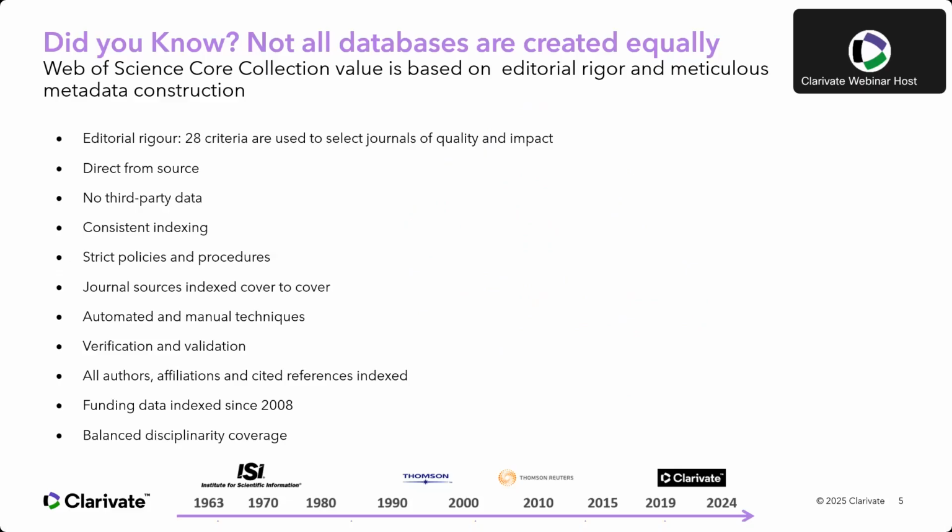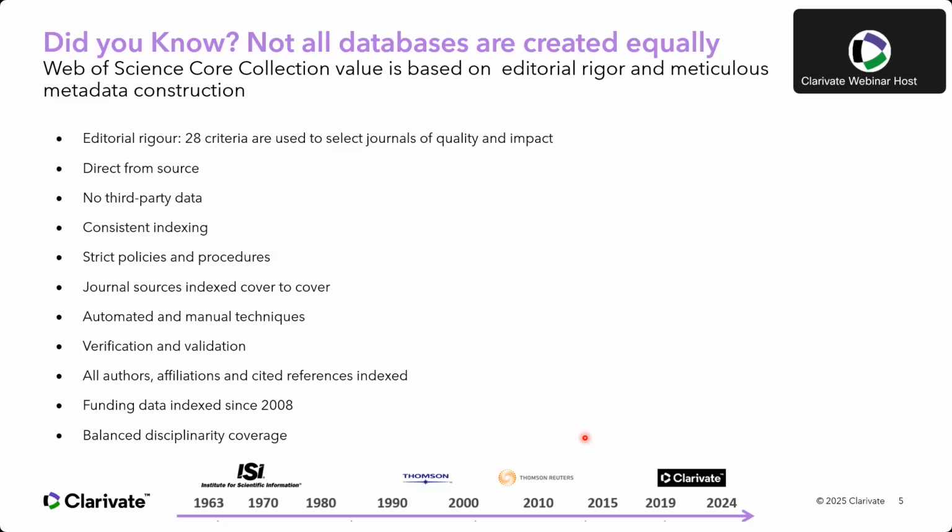If we look at Web of Science core collection, it was created in the early 60s, end of the 50s by ISI, which was later on part of Thomson Scientific, which became part of Thomson Reuters. And now Web of Science is a product of Clarivate.